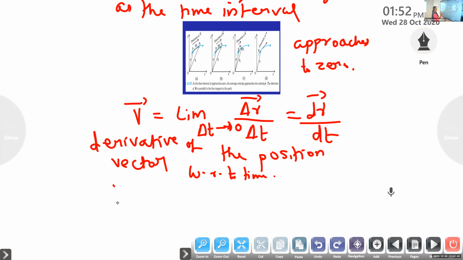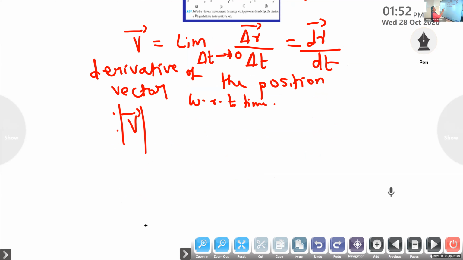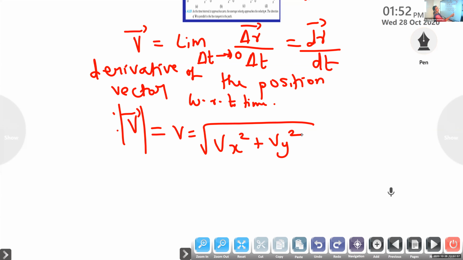Thus, the magnitude of instantaneous velocity, modulus of vector v, is equal to v. No derivation, we are using the parallelogram law. v is equal to the square root of vx squared plus vy squared.